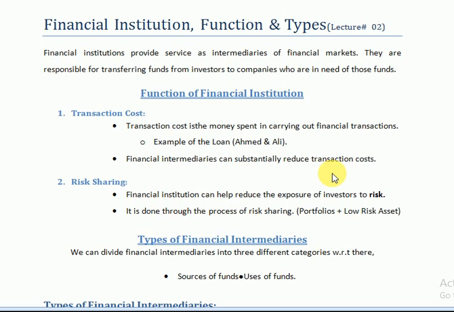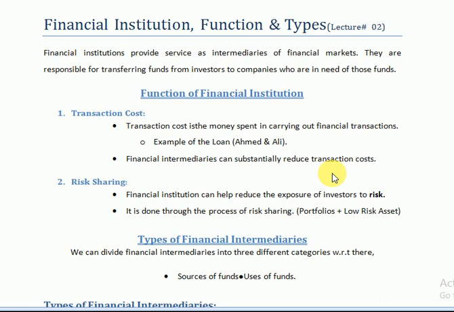Such institutions or intermediaries are called financial institutions. In Afghanistan, a common example of a financial institution I will give you is the bank. A bank is a type of financial institution or financial intermediary. Hope you understand the financial institution or financial intermediary.